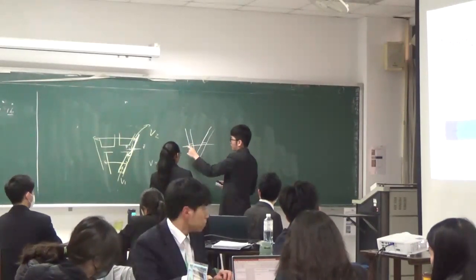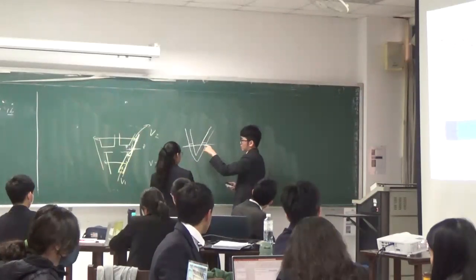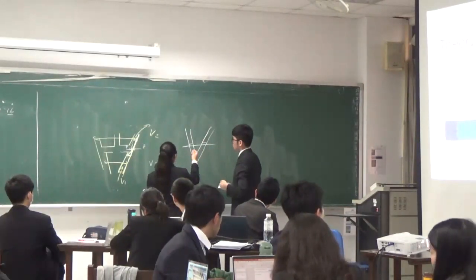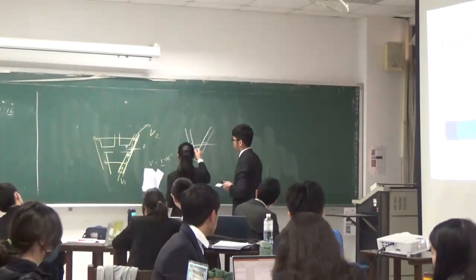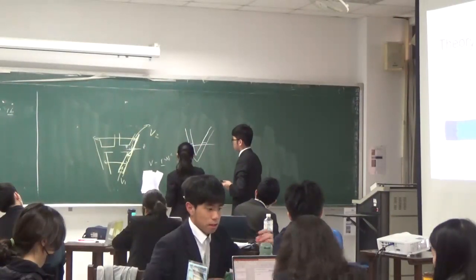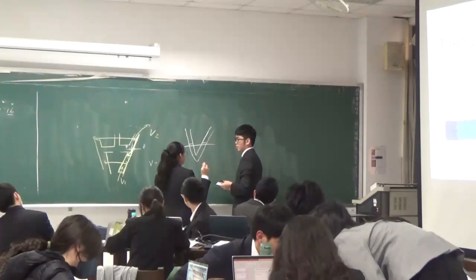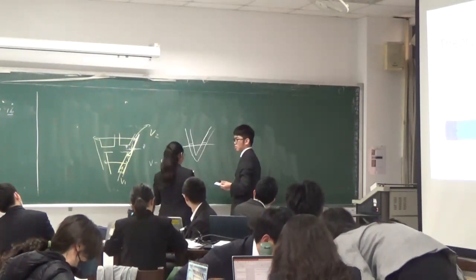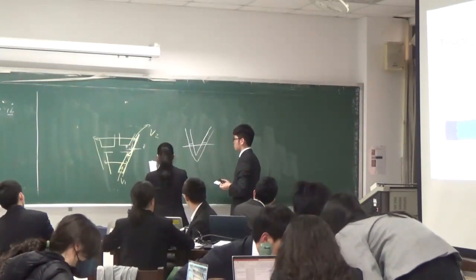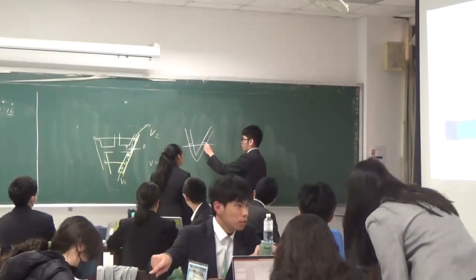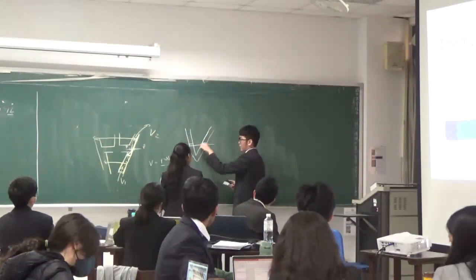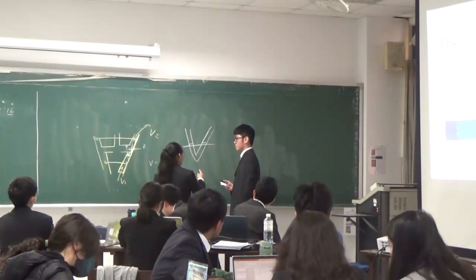So if the depth is different, I don't think it will be the same. But do you agree with me that if the immersion depth is deeper, it will create a higher velocity for the water, so that will affect the pumping rate? Yes, the pumping speed. Also, the pressure here is different too. So it will affect the phenomenon, right?